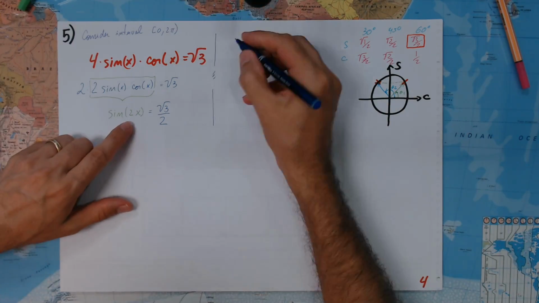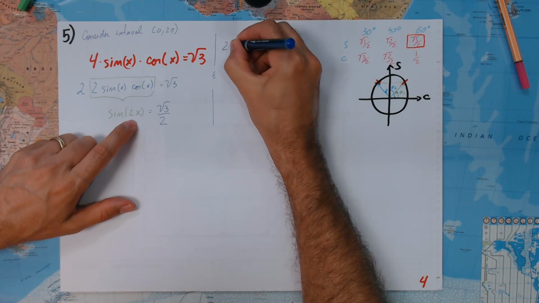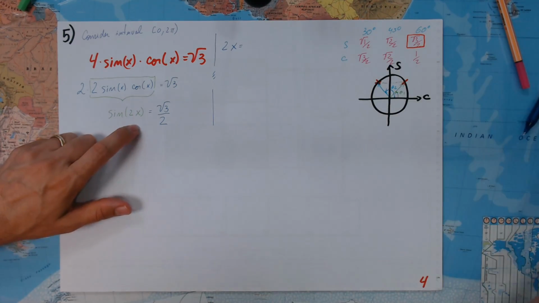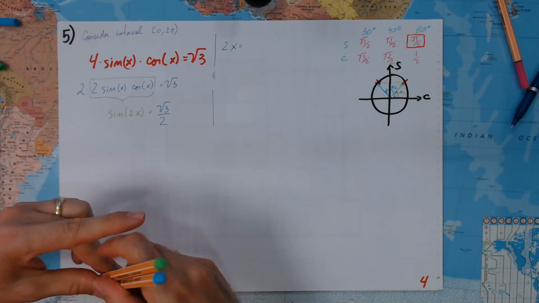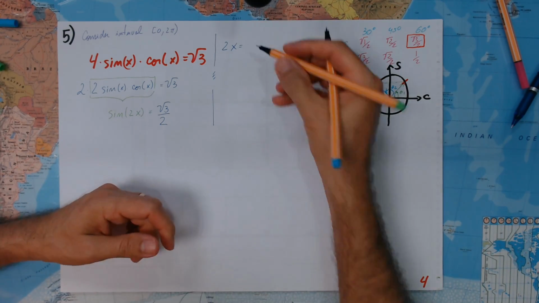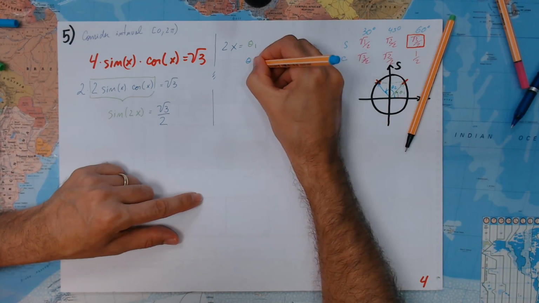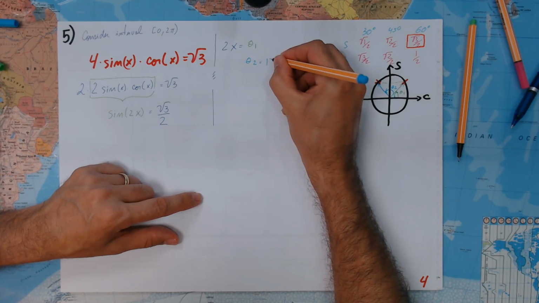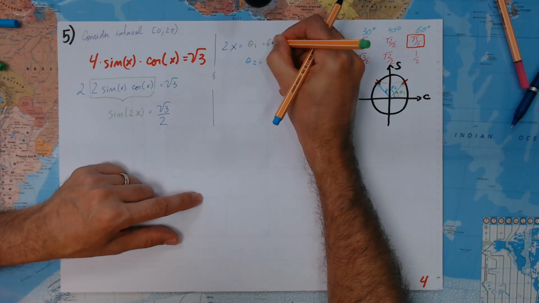Now, if sine of 2x is this, therefore 2x is going to be theta 1 or theta 2. And theta 2 is 120 degrees, and theta 1 is just 60 degrees.